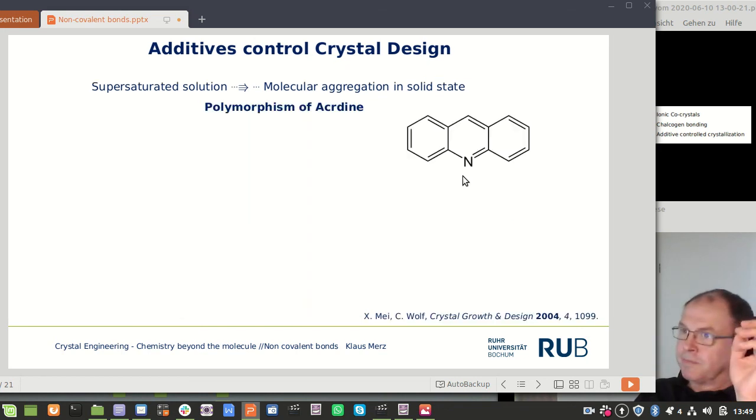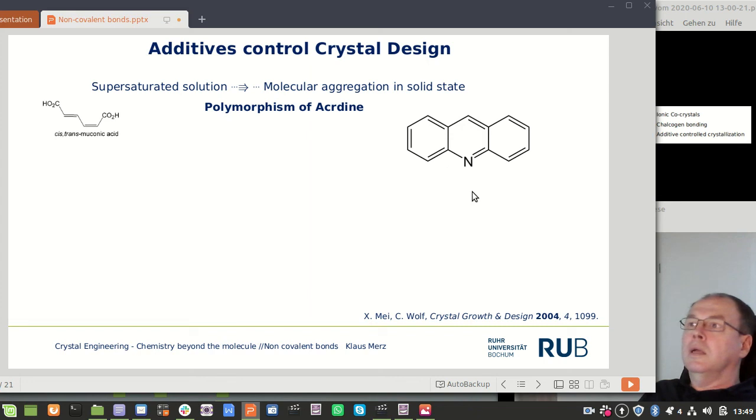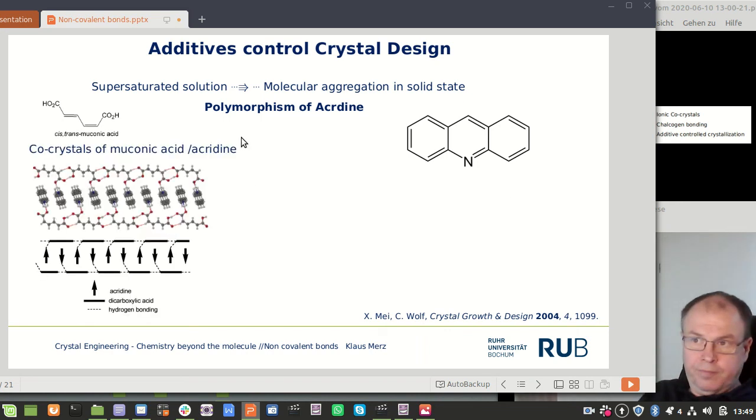Next example, looking at the polymorphism of acridine. Well, several polymorphs are well known for acridine. So, the authors, group of Wolf, crystallized acridine in the presence of this carboxylic acid. These are the co-crystals they got.